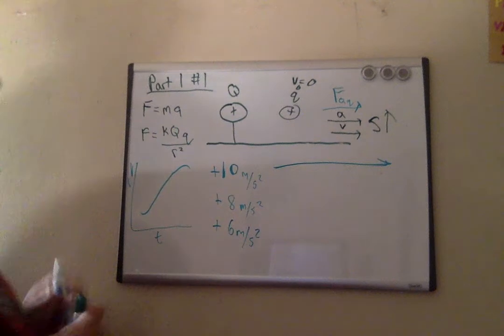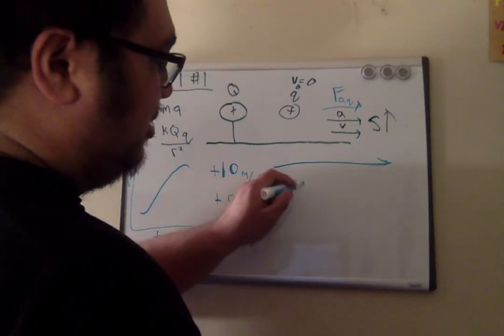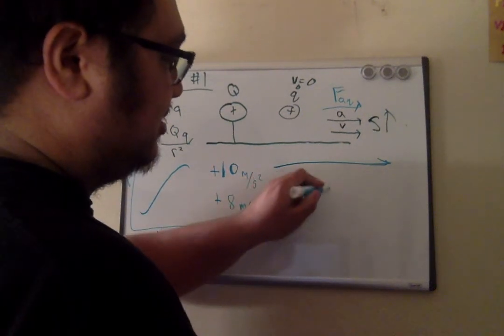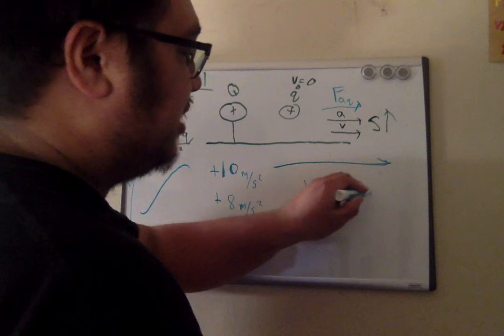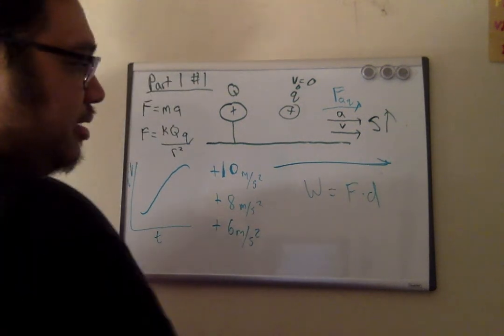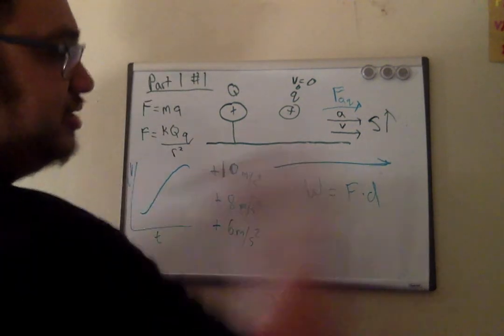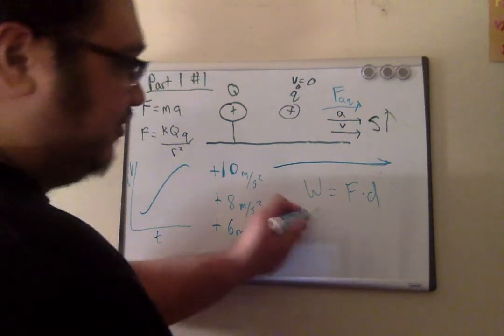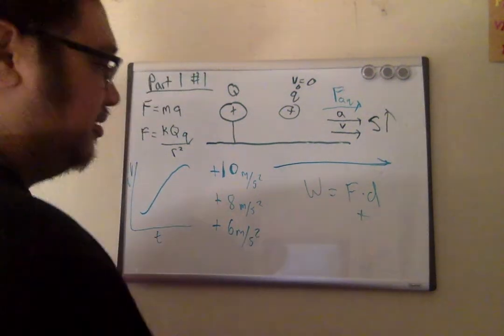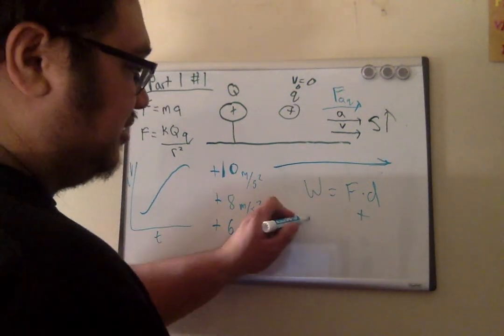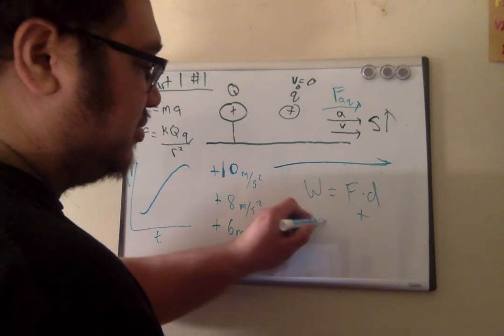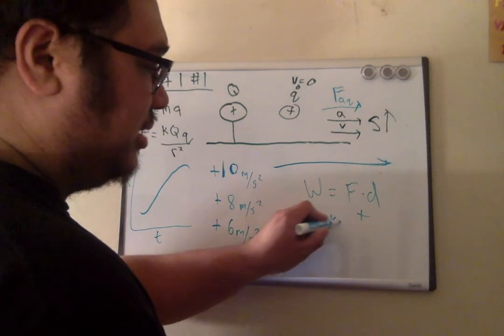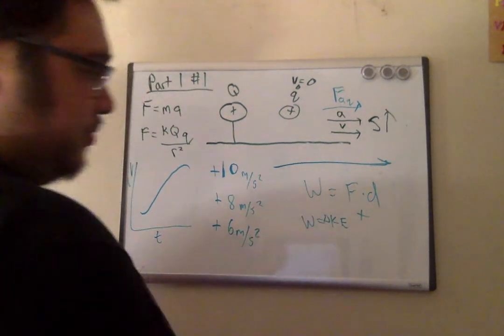Another way we can look at this is using the formula, the work of the system is equal to force times distance. We know that the force is moving it that way, and the displacement is in the same direction. Therefore, our work will be positive. And if our work is positive, we know that work is equal to the change in kinetic energy.